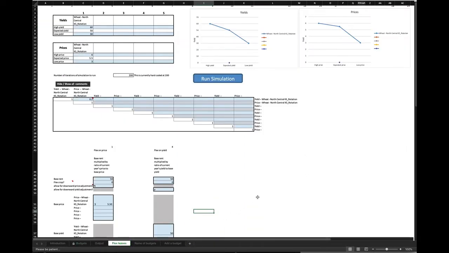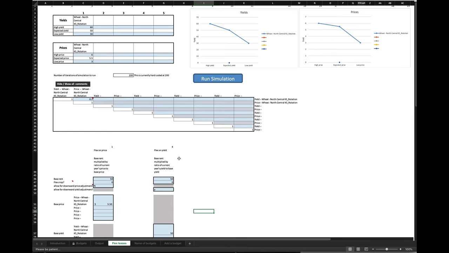One, it looks at the ranges of yields and prices that show up for our crop. But in addition to looking at a share lease and a cash lease, this also has the capability of doing two types of flex leases. Now, there's really a whole bunch of different types of flex leases you can do.